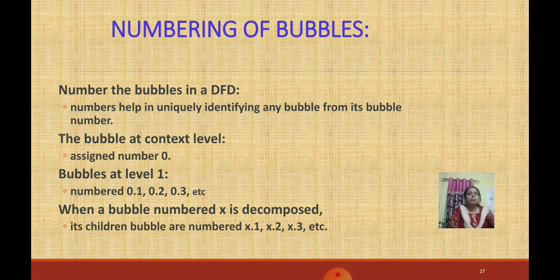At the context level, means level 0, the numbering of the bubble is 0. Bubbles at level 1 are numbered 0.1, 0.2, 0.3. When a bubble number x is decomposed, its children bubbles are numbered x.1, x.2, etc.